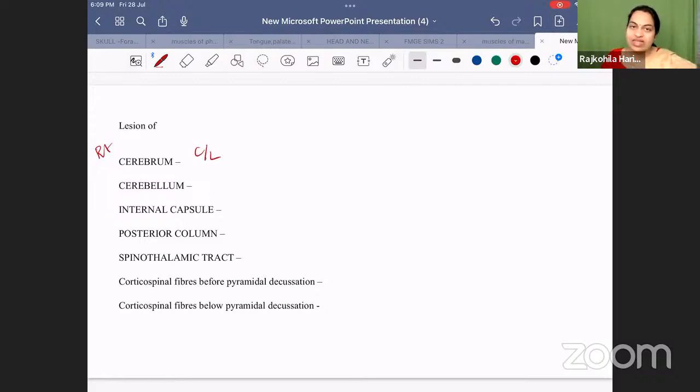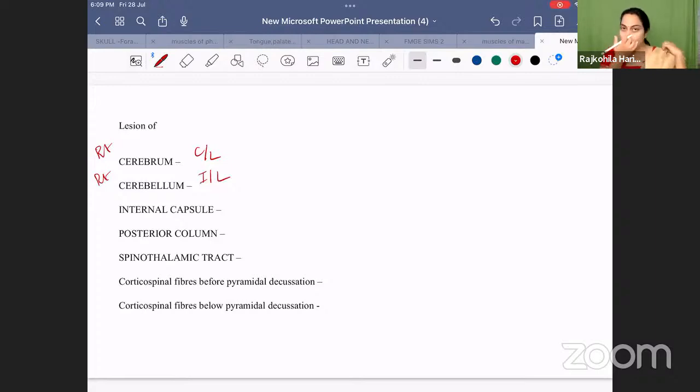Contralateral. Cerebellum is exactly the reverse. The two cerebellar hemispheres have control over the same side of the body. So with any lesion of the cerebellum, the patient is going to present with features on the same side as the lesion. Ipsilateral.